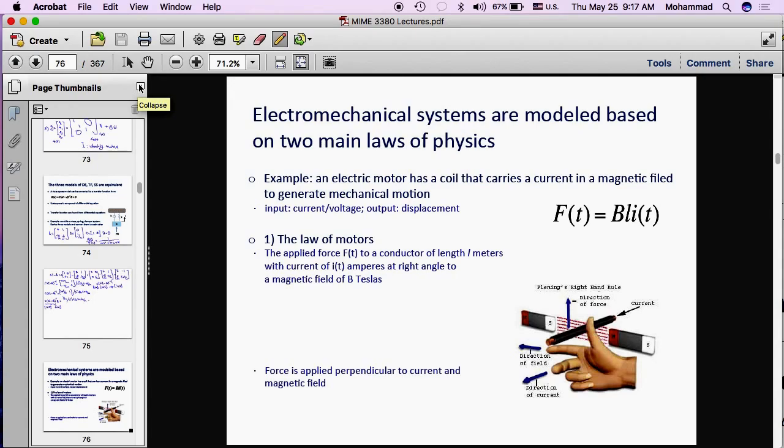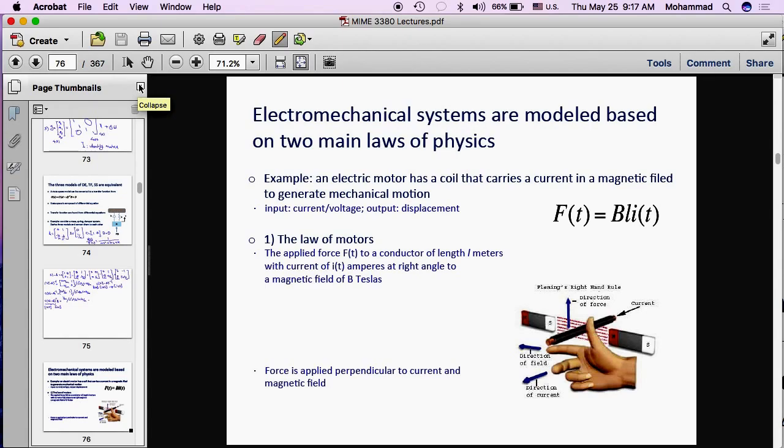So if your thumb is aligned with your magnetic field, for example, and the second finger is aligned with the current, the middle finger would tell you the direction of the force. Can you see that? So current and magnetic field will create a force. So that's the law of motors.